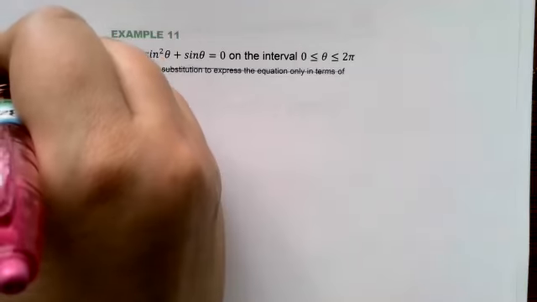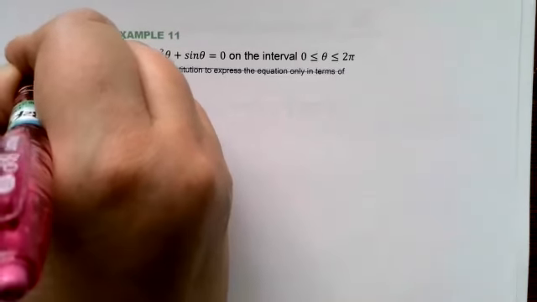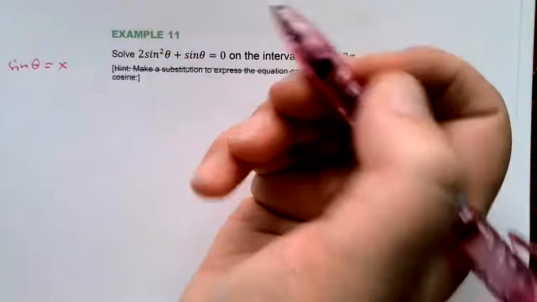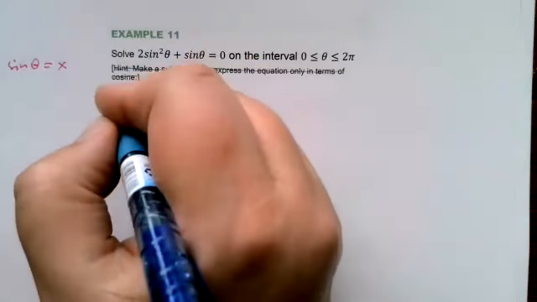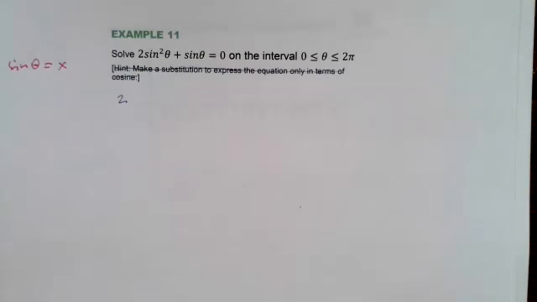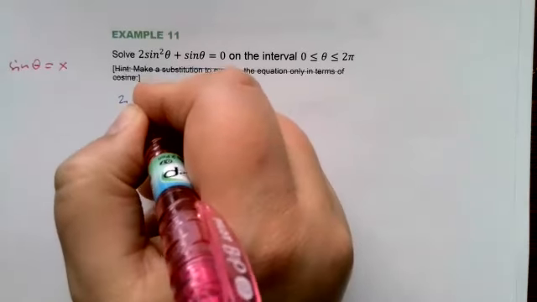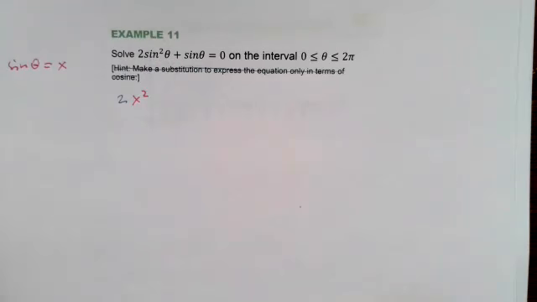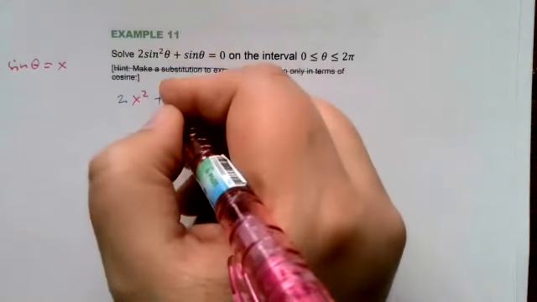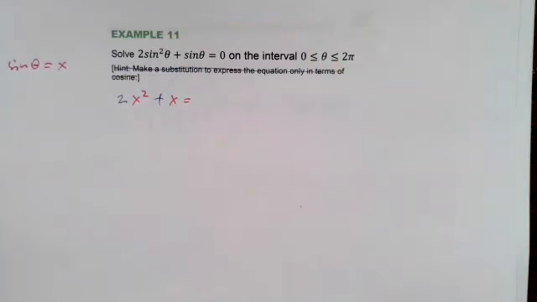So we're going to say that sine theta equals some variable, let's call it x, and substitute. What are we going to have? We're going to have 2x squared, right? Sine squared theta is going to be x squared, plus x equals 0.